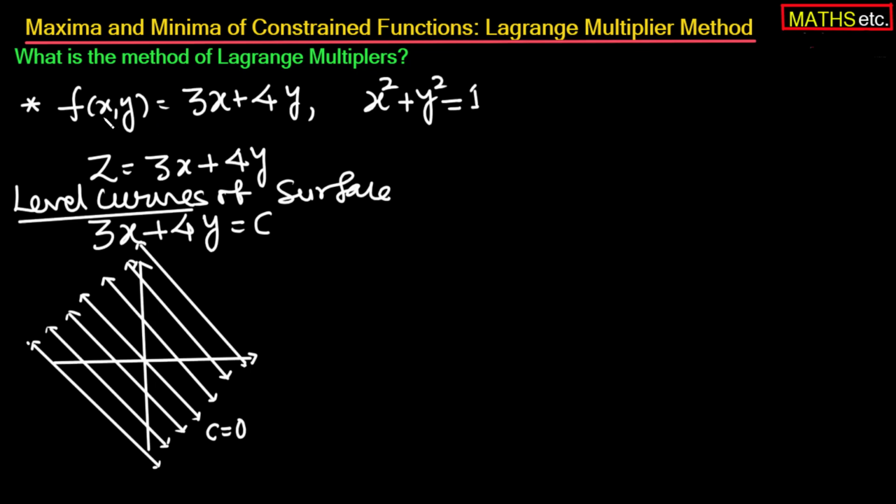Now as we know that this function is a constrained function, (x, y) can take only those values which lie along the unit circle. So let us draw the unit circle here. Suppose this is distance 1.